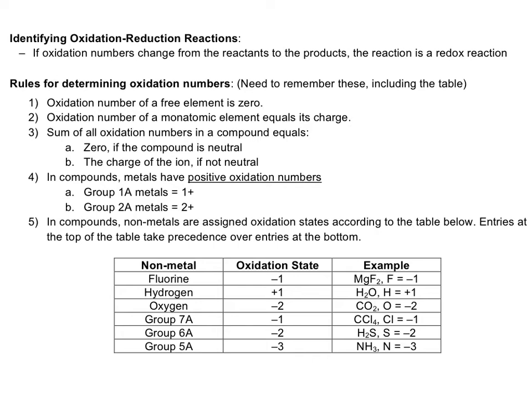Things in group 7A almost always have a -1 oxidation state. There are a couple of exceptions. And then things in group 6A, -2, and 5A, -3. And these all go along with their charges. So the numbers should be very familiar to you and should make sense. The precedence, or the order in which you would assign them, is the only part that would be new here.